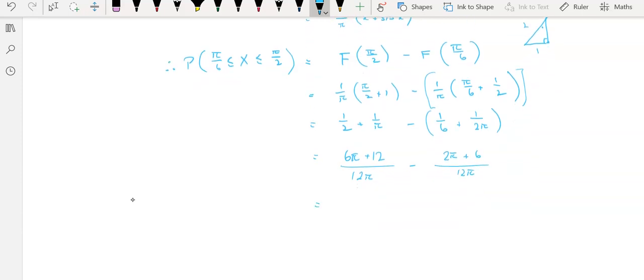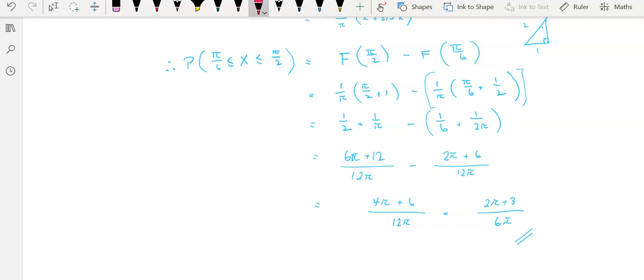When I put all this together, I get 4 pi plus 12 minus 6, which is 6, over 12 pi. Dividing through by 2, I get 2 pi plus 3 over 6 pi. And I think that will be my result.